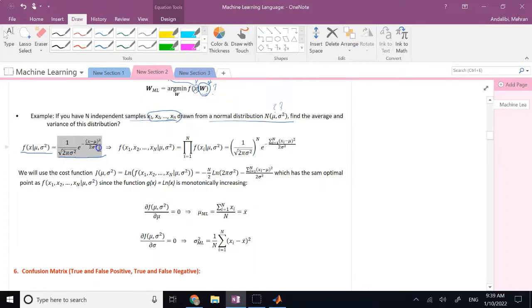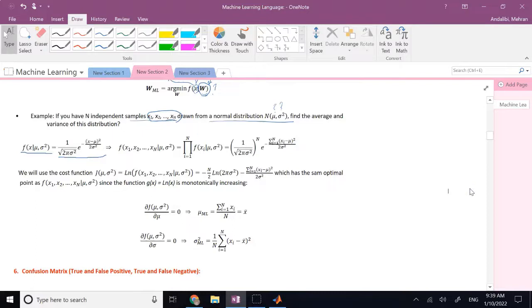This is the formula for a Gaussian distribution probability. So this term is a probability, and I want to maximize this probability. How? Because this term here is a function of what? Mu and sigma. So if I change mu, if I change sigma, given all the xi's, which are given numbers, I can change this function, right?